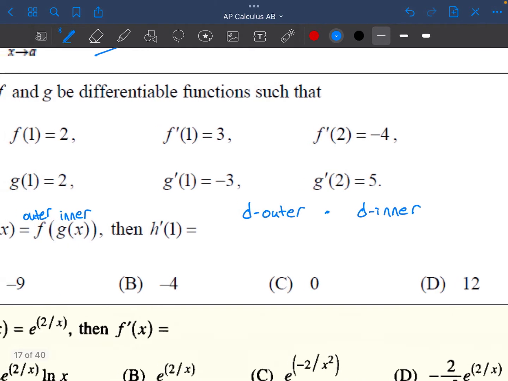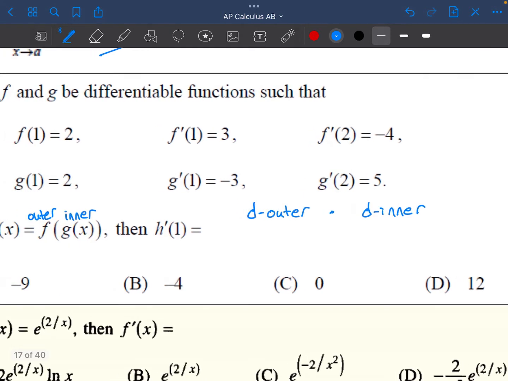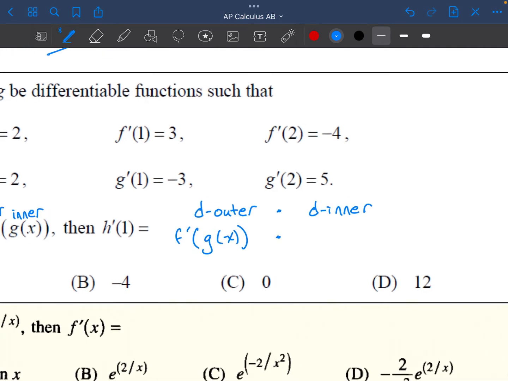The derivative of the outer is probably the trickiest bit of all, but remembering to do the derivative of the inner is sometimes the trickiest bit for some students. The derivative of the outer is still f prime of g of x. You still have that g of x on the inside, and then the derivative of the inner is the derivative of g, which is just g prime. So this is going to be times g prime of x.